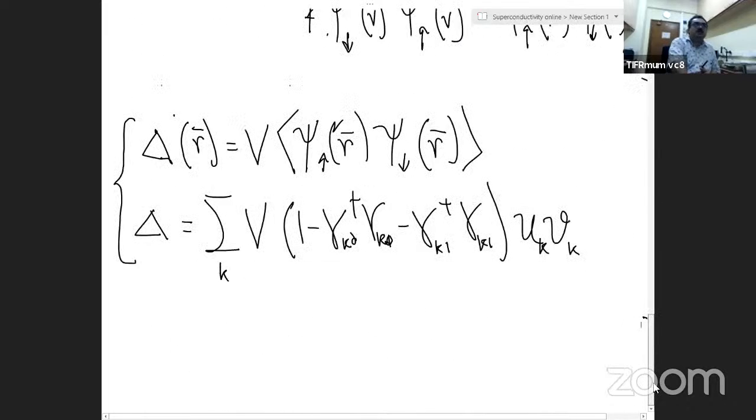You just have to put them here, and then it's a question of just simplifying. What you will get is exactly this expression with the slight difference that in BCS theory, this was not position dependent, but now it becomes position dependent because UK and VK are both functions of R.